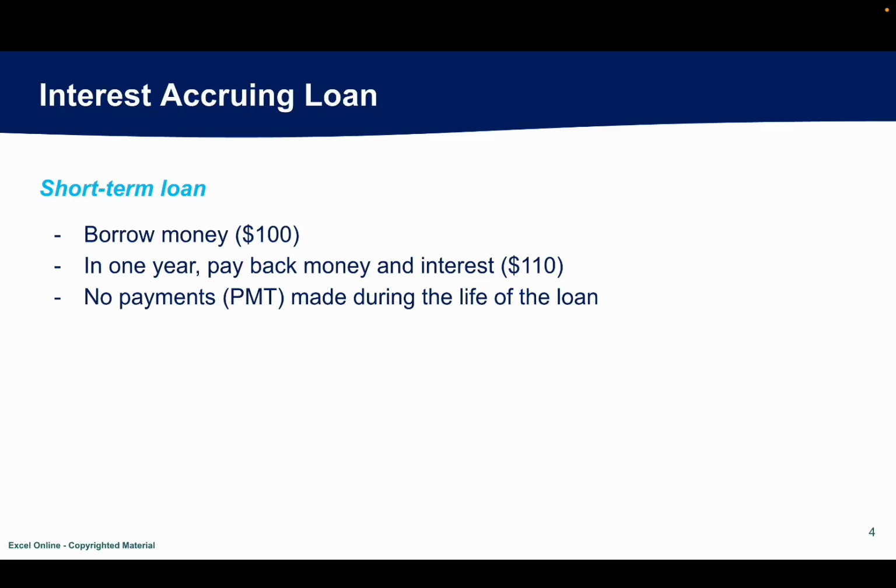An interest accruing loan is when someone borrows money and pays both the principal and interest in one lump sum payment at the end. For example, someone borrows $100 and pays back $110 in 1 year. An interest accruing loan is more risky for lenders since they don't get payments over the life of the loan and therefore are typically shorter term loans.